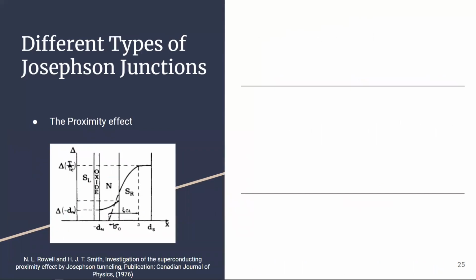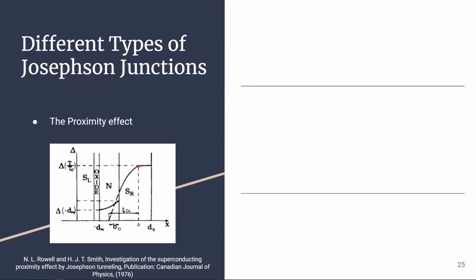So now, before we finalize here on the Josephson junctions, we will talk about different types of Josephson junctions. And here we will talk about the proximity effect. I have this figure here.